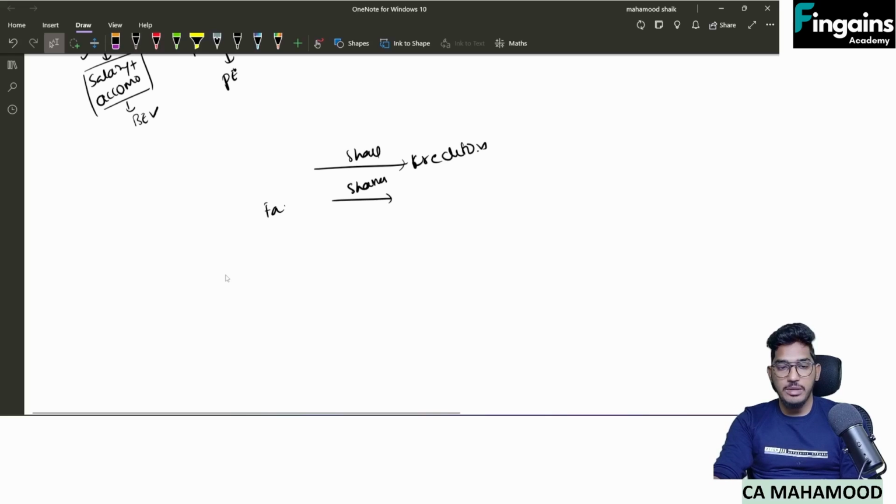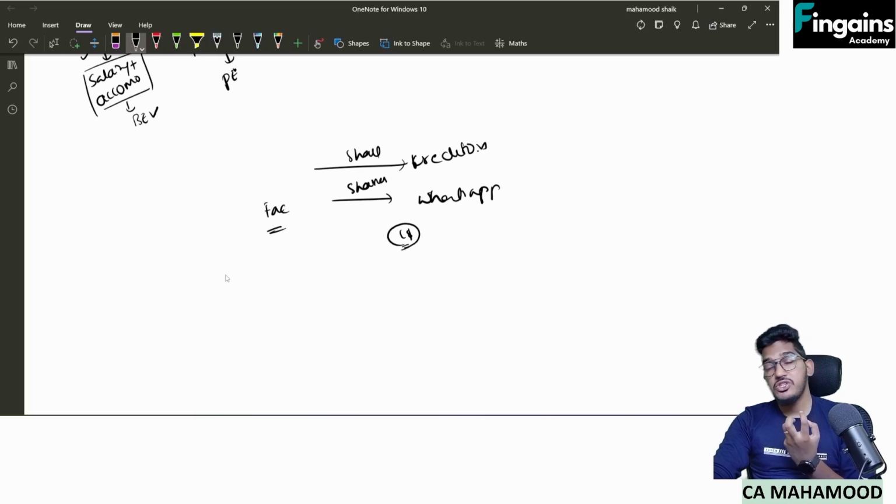For example, Facebook acquired WhatsApp. Assume some $1 billion was the purchase consideration. The entire 1 billion was not given in cash. Facebook would have given shares of the company as settlement, so here also you are issuing shares not for cash but for settlement of purchase consideration.